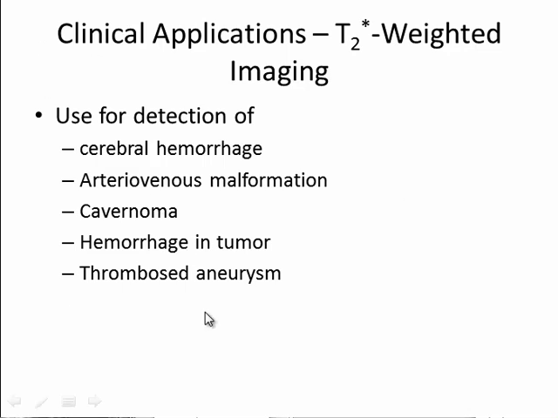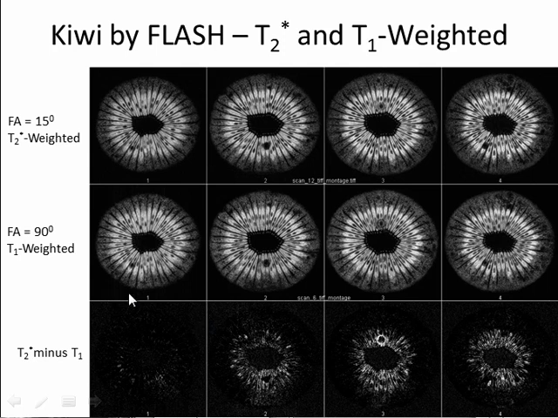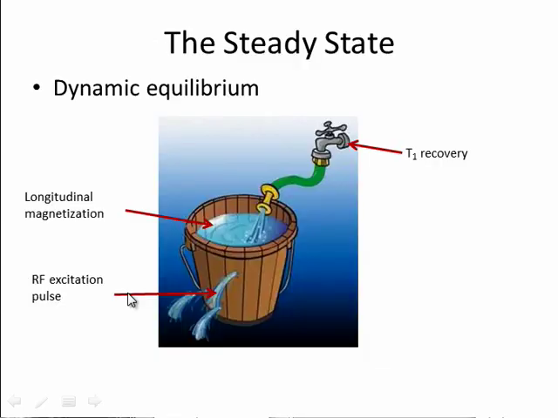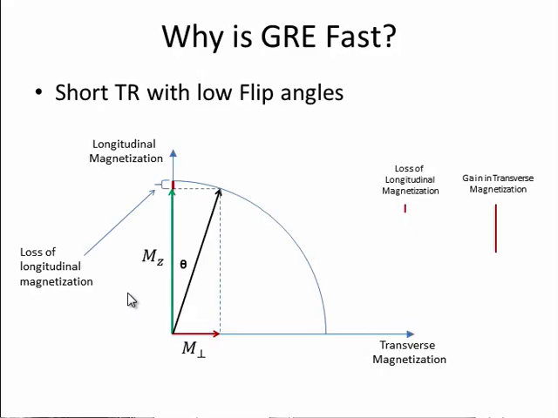Okay, so let me go back here just to say something real quick about T2 star and T1 weighted imaging with regard to the flip angle. You can see that if we have a low flip angle like I'm showing here, the longitudinal magnetization does not change very much. So if we're not changing the longitudinal magnetization significantly, then we're going to restrict the weighting of the image to something other than T1.